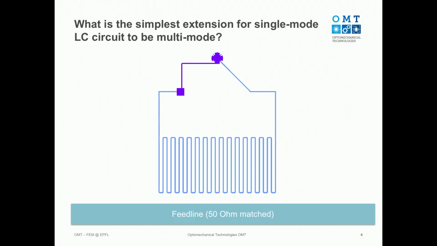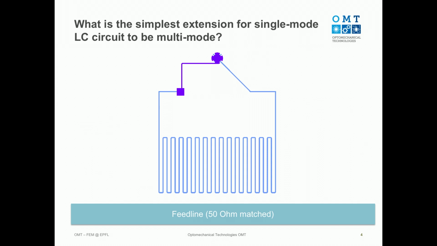Now let's design the frequencies of the two LC circuits to be the same intentionally. So what happens if you couple two LC circuits or two harmonic oscillators with the same resonance frequency? They will split. They will normal mode split, and they will form these modes.